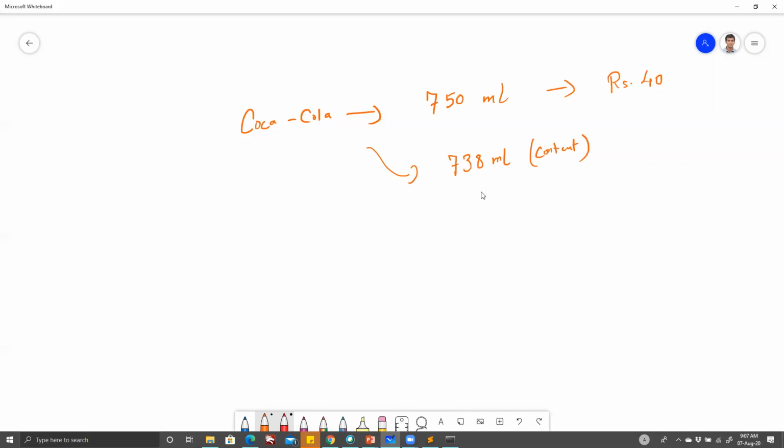So tell me, can I go ahead and sue Coca-Cola? There is a deviation which is allowed, so I don't think you can do it. Okay, let's say the deviation is 5 ml or 10 ml. So let's say the deviation is a standard deviation. Or the standard deviation is, let's say, not 10 ml, let's say it is 4 ml max.